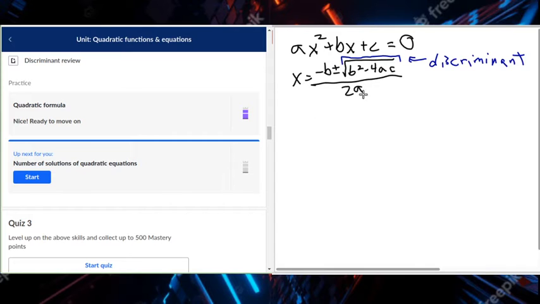So maybe we don't want to calculate all of this, but we just want to know some details about the quadratic. For instance, what will A tell us? A will tell us if A is greater than 0, that it opens up, or if A is less than 0, that it opens down like that.